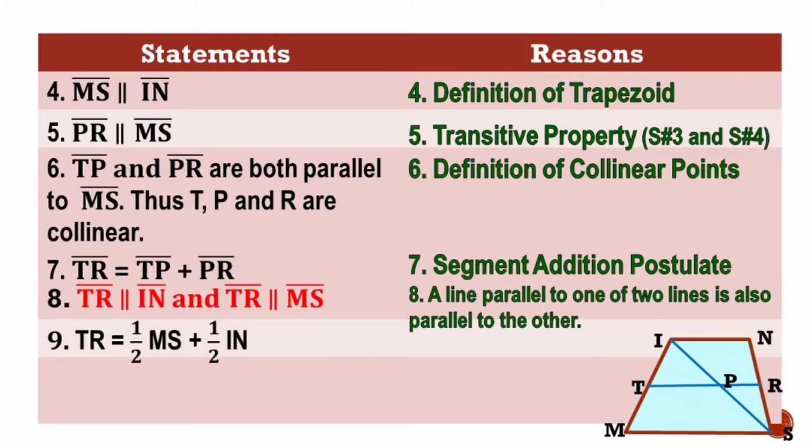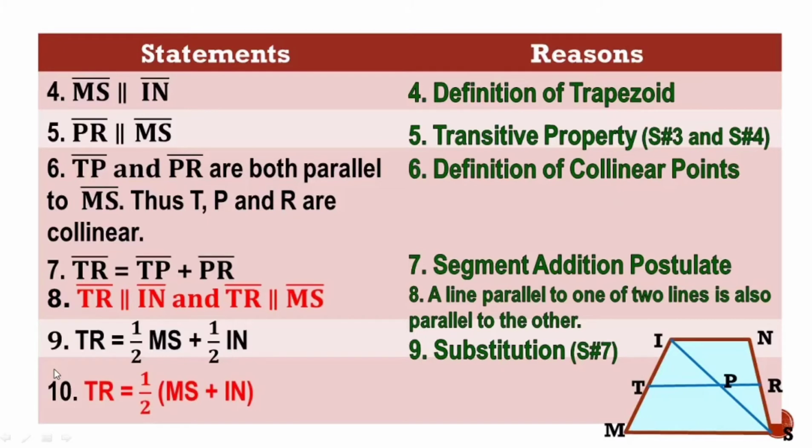TR is 1/2 MS plus 1/2 IN. Reason, substitution on statement number 7. So as you remember, TP is 1/2 MS while PR is equal to 1/2 IN. Therefore, by substitution, we have statement number 9.